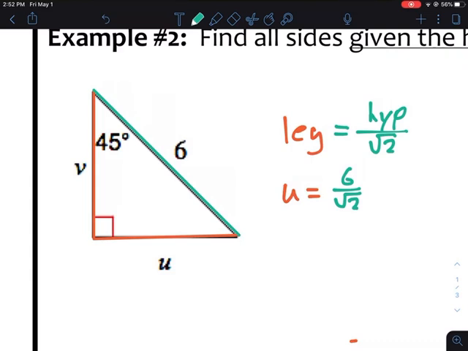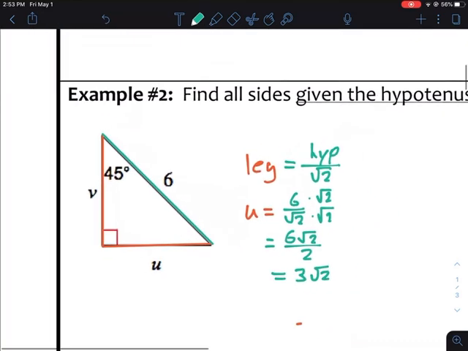Okay, so now we have a radical in the denominator. That's not really something we want to have. So we're going to go ahead and multiply top and bottom by square root 2 to simplify, and we end up with 6 square root 2 over 2. 6 square root 2 divided by 2 is 3 square root 2.